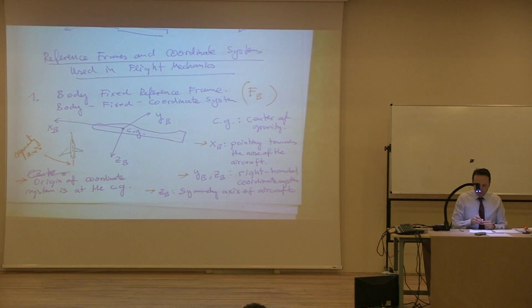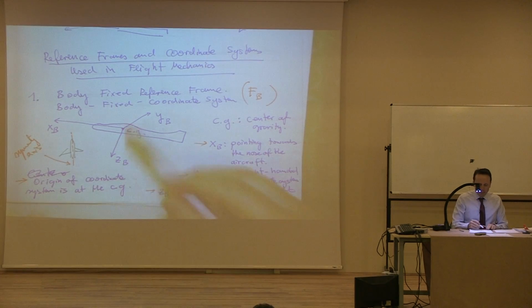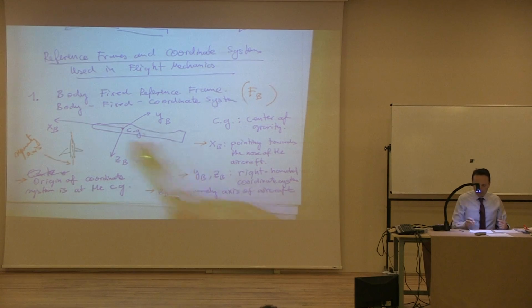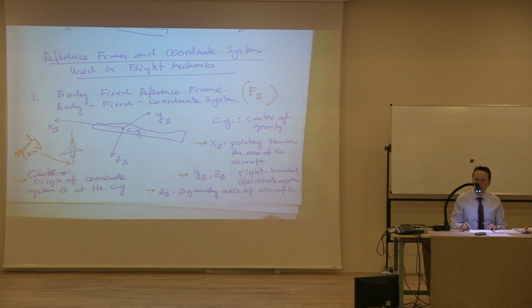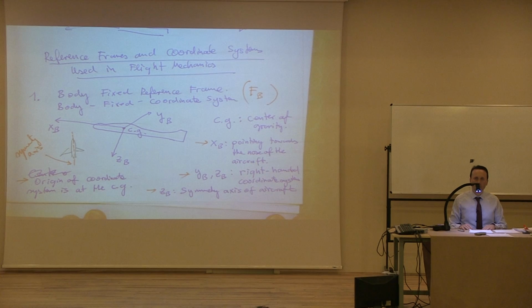So ZB and XB would be in the symmetry axis and YB would be to the side. We also talked about the right-handed coordinate systems. So basically you take your four fingers, go from X to Y, and Z must be pointing towards the Z direction. It is attached at the CG, and that is your body fixed reference frame.